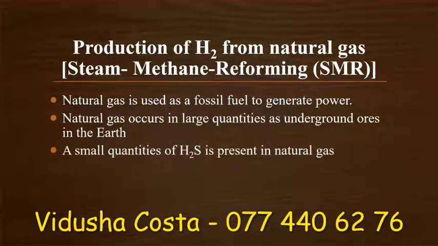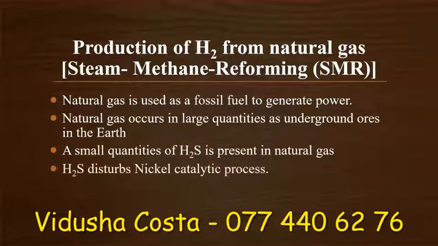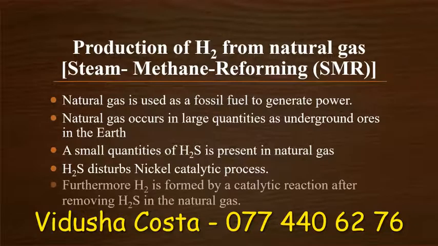Normally, small quantities of H2S are present in natural gas. This H2S disturbs the nickel catalytic process which is used to convert methane to hydrogen. Remember, nickel is not the catalyst used in the Haber process. It is used to convert methane to hydrogen.